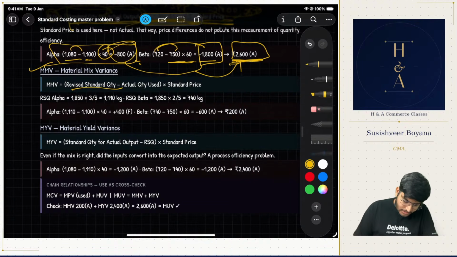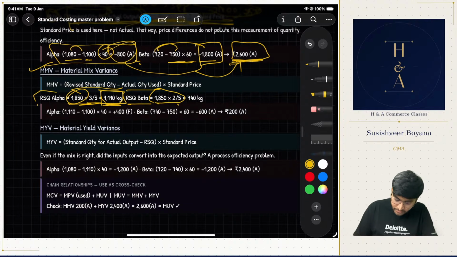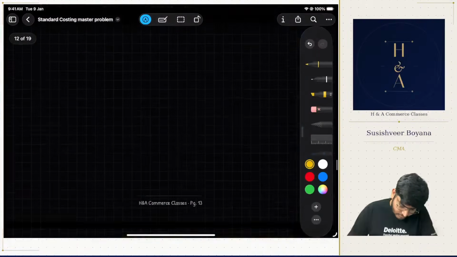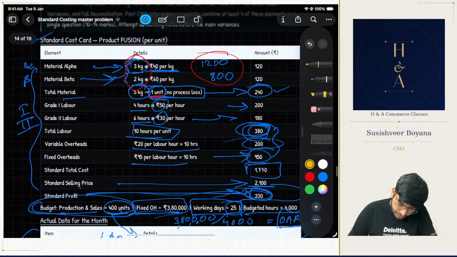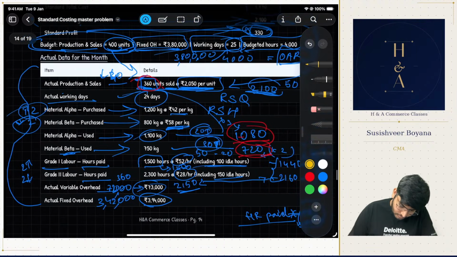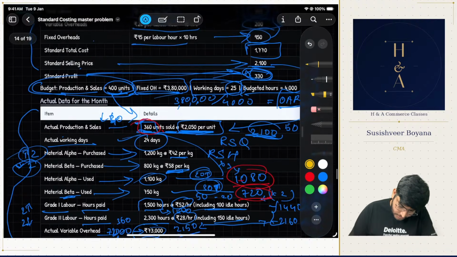Okay, material mix variance: revised standard quantity minus actual quantity. Revised standard quantity for alpha is 1850 into 3 by 5, that is 1100 kgs. Did we not already calculate this? RSQ for beta is 1850 into 2 by 5, that is 740. Wait, RSQ we didn't calculate.